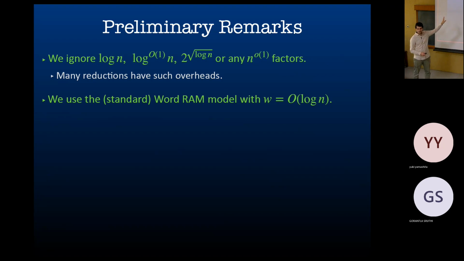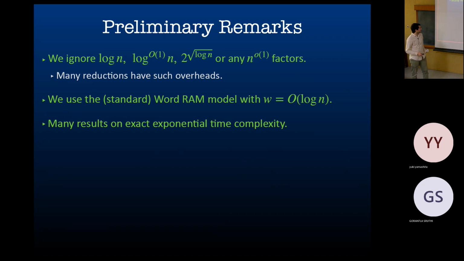The model, as I said, is the word RAM. If you don't know what this is, it's even better. It's just whatever you use without thinking about it. This talk is focused on the polynomial time problems, but you can do these reductions also between exponential time problems. Like SAT, strong ETH is about 2 to the n being the barrier for SAT.